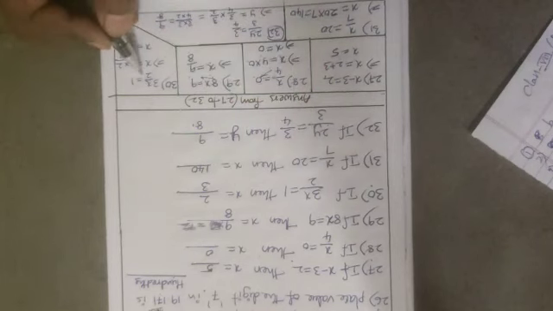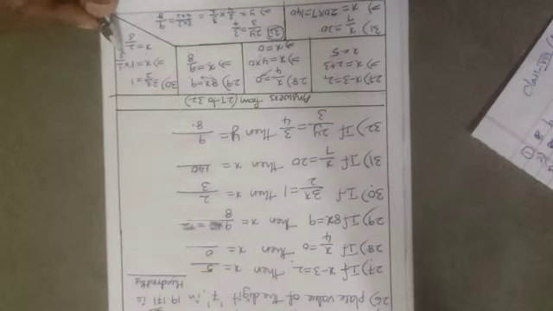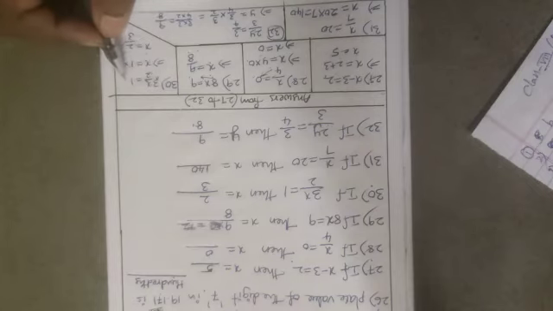See, children, x equals 1 into 2 by 3. The reciprocal of 3 by 2 is 2 by 3. When we are dividing, it changes to the reciprocal: 3 by 2 changes to 2 by 3. So x is 2 by 3.